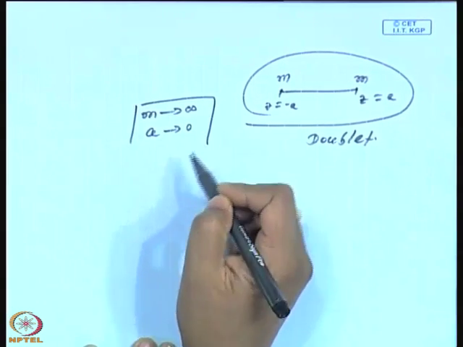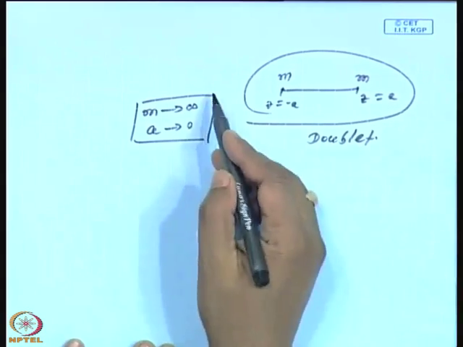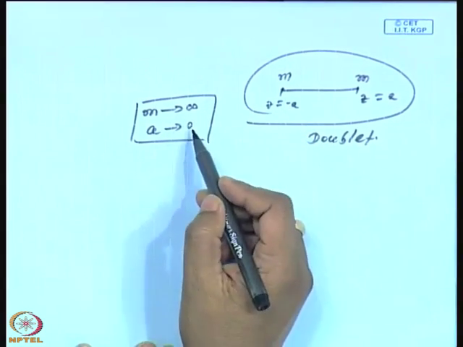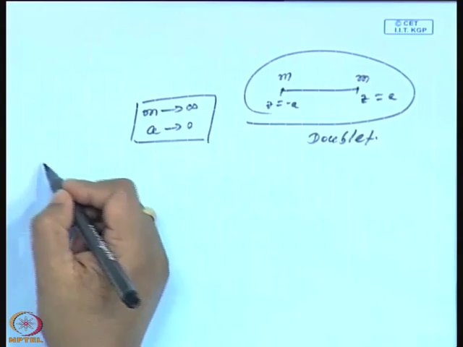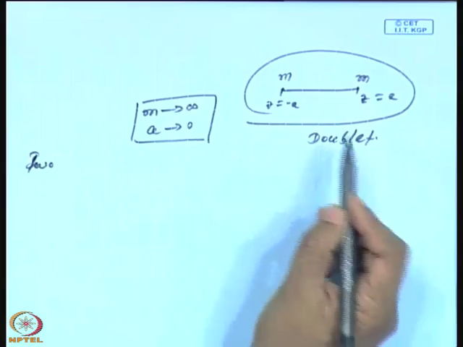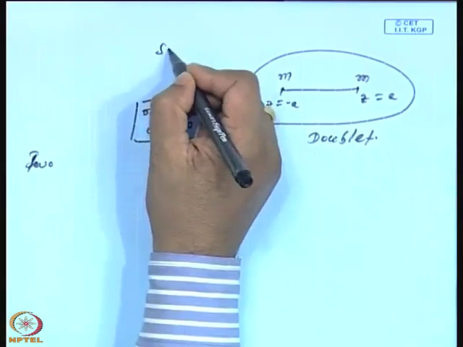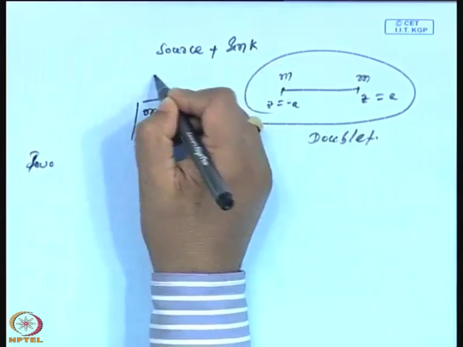So source plus sink has given me a doublet.